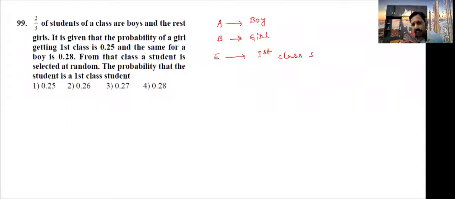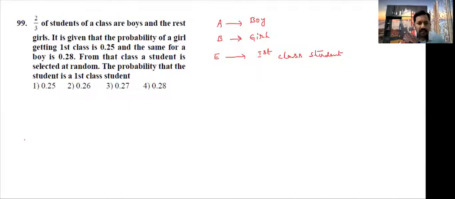Here student means either boy or girl, anyone, no problem. Now, the probability that the student is a first class student is asked, but they didn't mention whether it is a boy or girl.